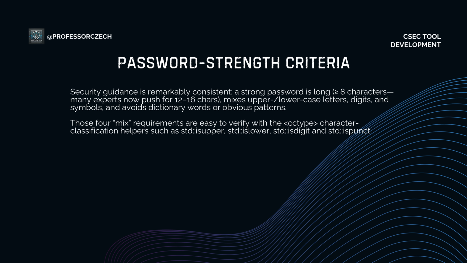Those four mix requirements are easy to verify with the cctype character classification helpers, such as isupper, islower, isdigit, and ispunct. And we want to take these criteria and create a memory safe password strength checker within C++.